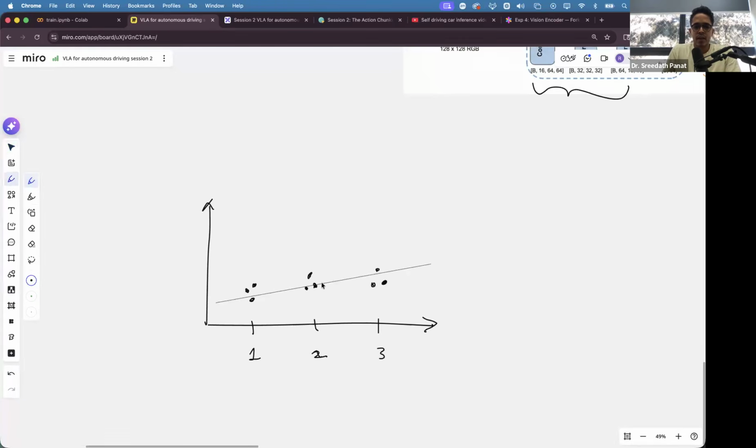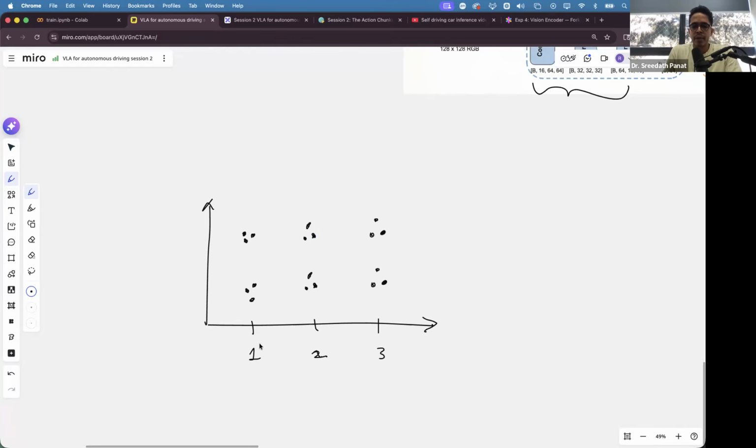What if your data looked something like this? What if your data was like this? Where would your line stay? And what does this mean?